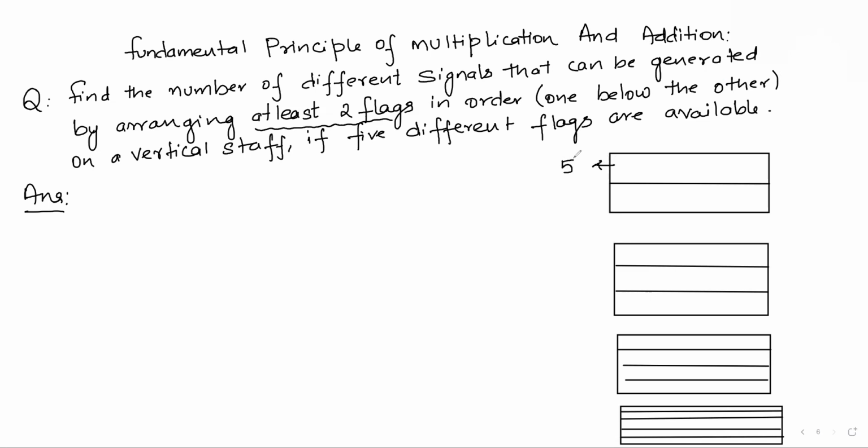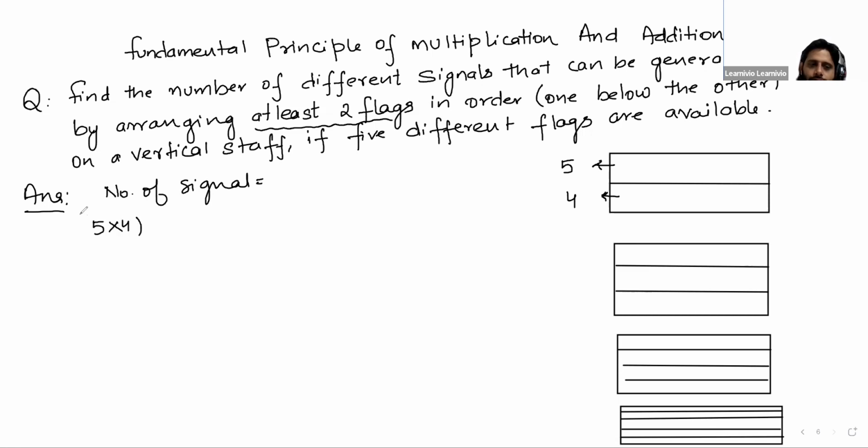Very good. There's 5. And we have used 1 flag. So the next block has how many choices? Can we use the same flag or not? No, we can't. Okay, so 4. Very good. The number of signals is equal to, so what can we do for the first case? We can say 5 into 4.